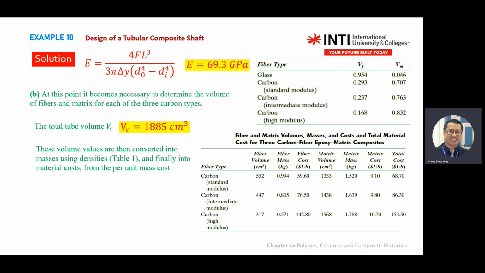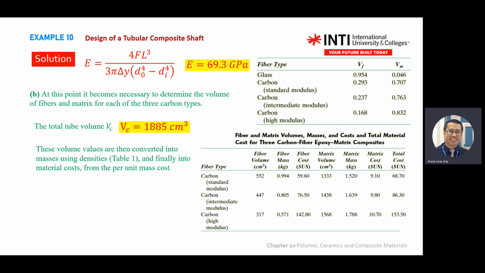So you just focus on the fiber based on the value you calculate. So you multiply by the volume, you get the volume for fiber. Then in the chart just now, you have the fiber cost per kilogram. So you multiply by the density, you get the weight, multiply by the cost per kilogram, you get so and so.